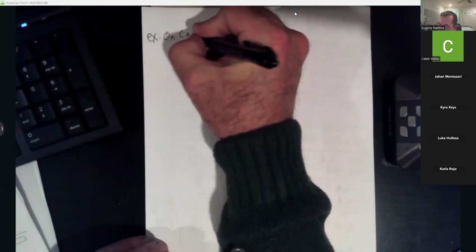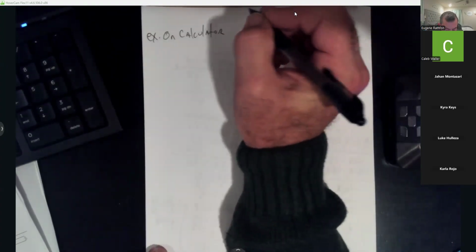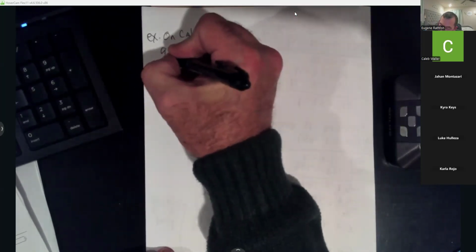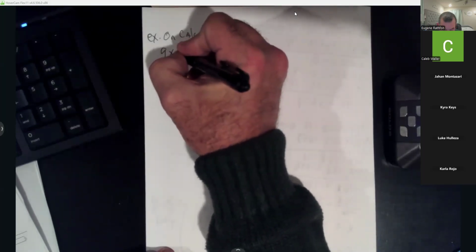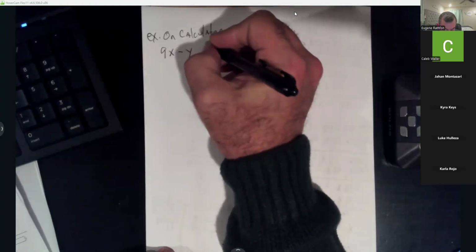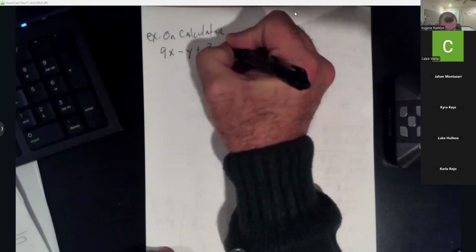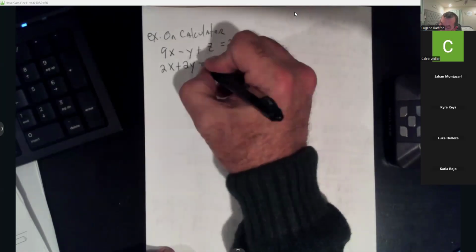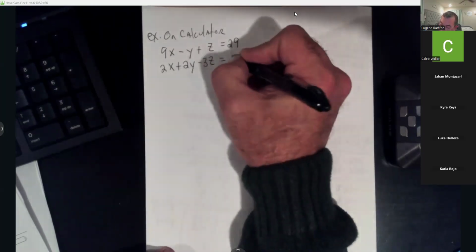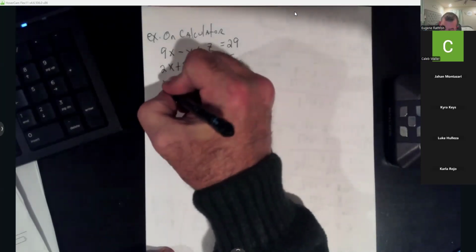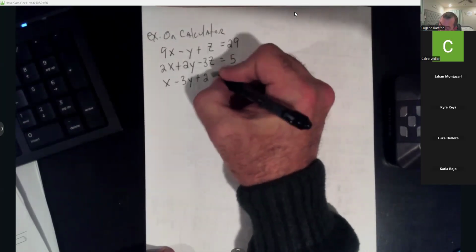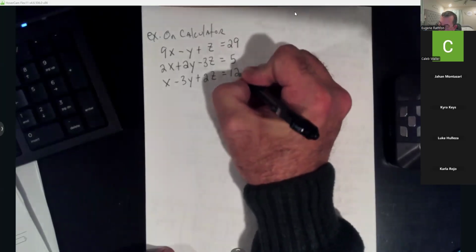All right, so on the calculator, let's figure this one out. 9x minus y plus z equals 29. 2x plus 2y minus 3z equals 5. 1x minus 3y plus 2z equals 12.